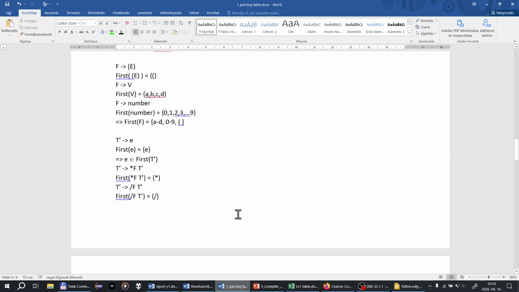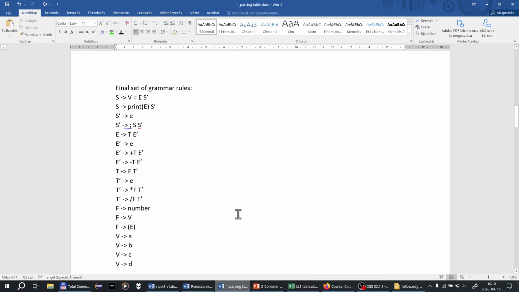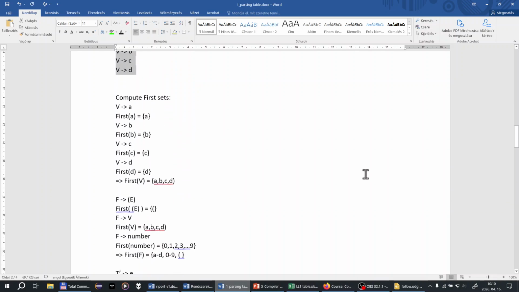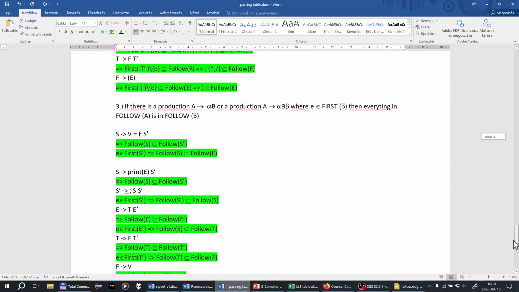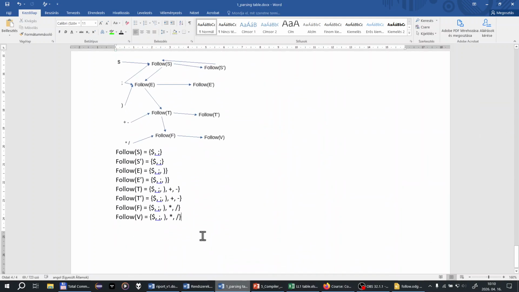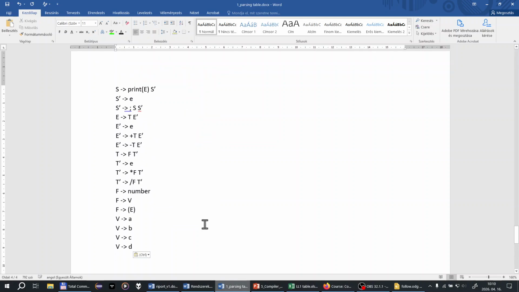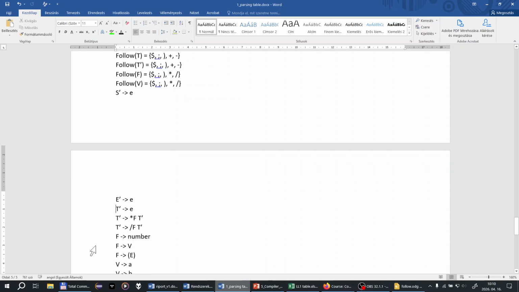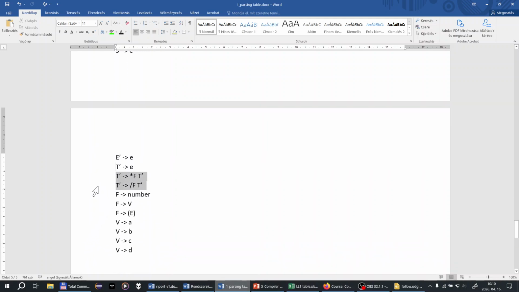So let's see the set of rules where we have the E rules, and it is for S to E, E prime to E, T prime to E, and that's it.